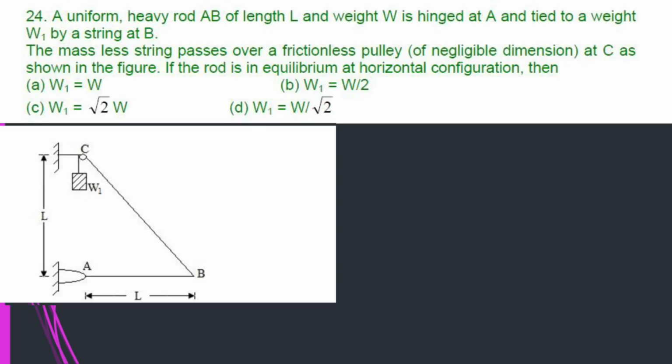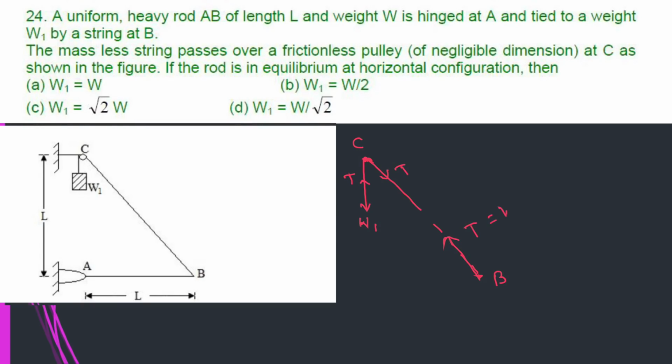At C point, it's a frictionless pulley and string is massless. So this direction W1 and T, tension in the string, it's T here, so this side also it's T. And at B point, this is B point, this is C point, B point also it will become tension T equal to W1.